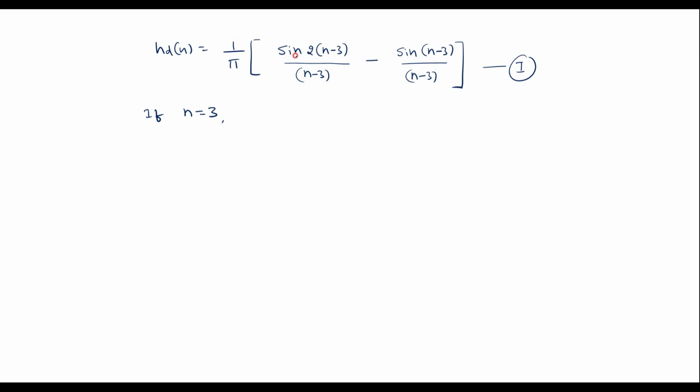In this equation, if we consider n equal to 3, then we see that a sine 0 by 0 form is obtained. That is 0 by 0, indeterminate, which is not defined. So for n equal to 3, it will be simplified using L'Hospital rule.